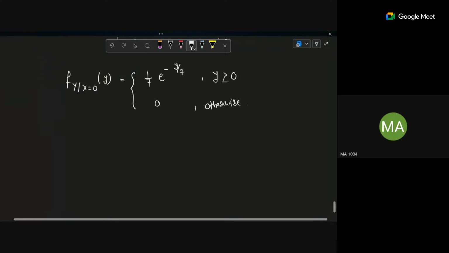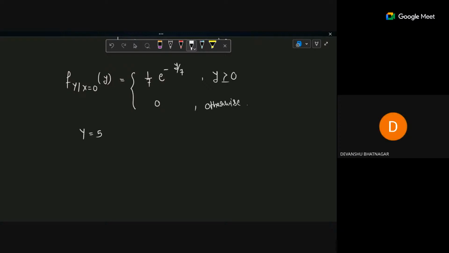Fine. So now we have all the required probabilities, and we want to calculate our target. What is the probability that the battery chosen is type A? But one thing is given: the value of Y is equal to 5. Is it Y equal to, or greater than or equal to?